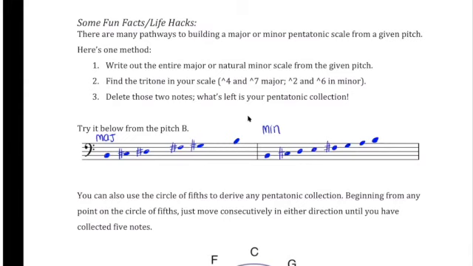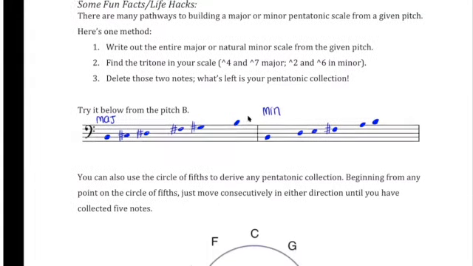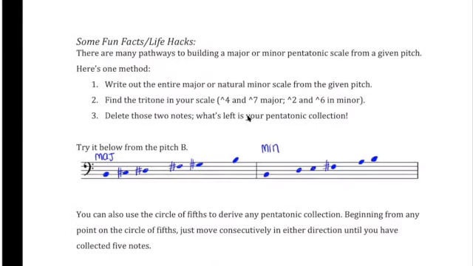So I'm going to get rid of scale degree 2 and scale degree 6. And what we have left is the B minor pentatonic scale. So those are two really quick and easy ways to extract the pentatonic scale from the diatonic system to which it's related.